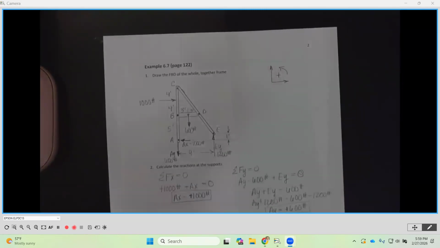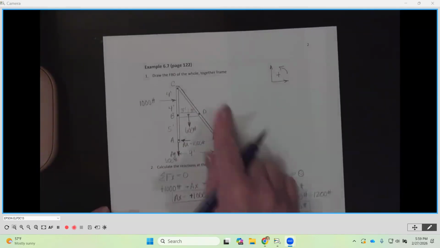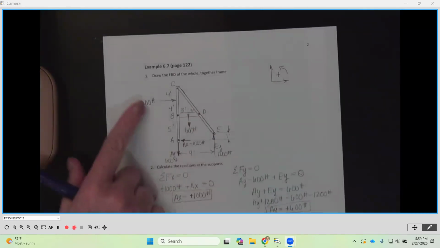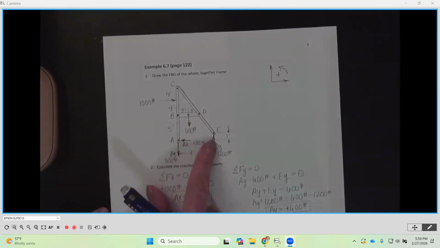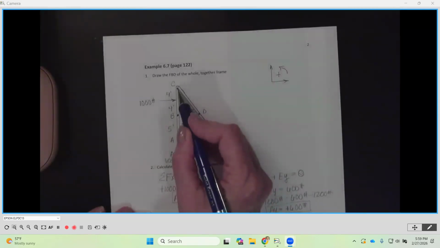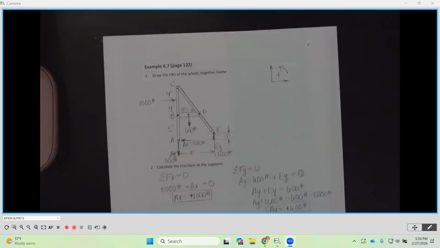Now, here's where we got to kind of distinguish between external loads and then these internal pin reactions. So when our frame is completely together, notice that we have 1,600 and the reactions at the supports. Those are what we call external loads. They're external to the entire frame. The pins here at C, B, and D, those are internally keeping everything together.